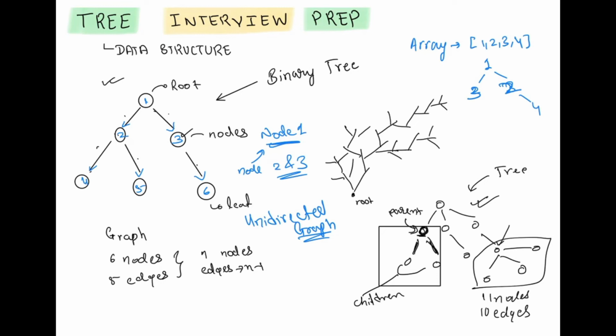In unidirected graphs, there are lanes to go from 1 to 2, but you cannot go from 2 to 1 because it is a single lane. Now we understand the tree data structure on paper. We know that the node has to contain the value and also the information of its children, and we will see how to program that in the video coming up just after this.